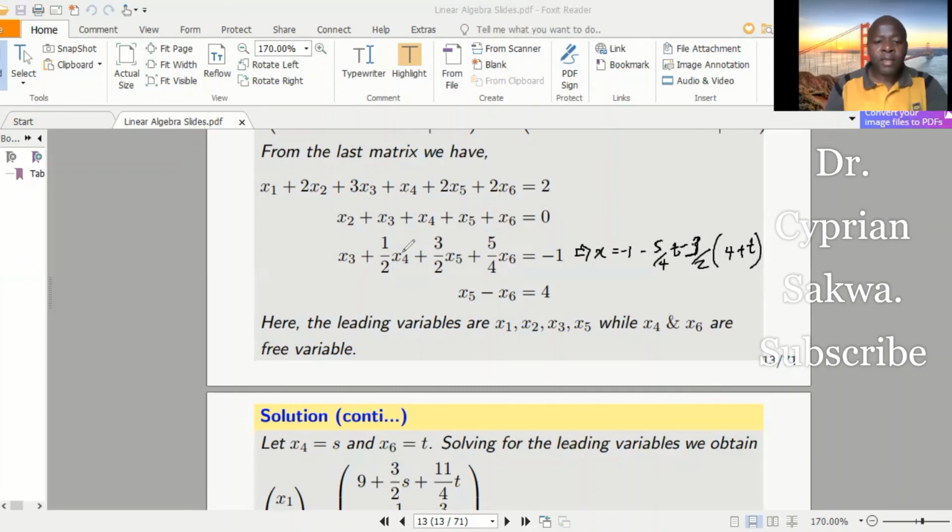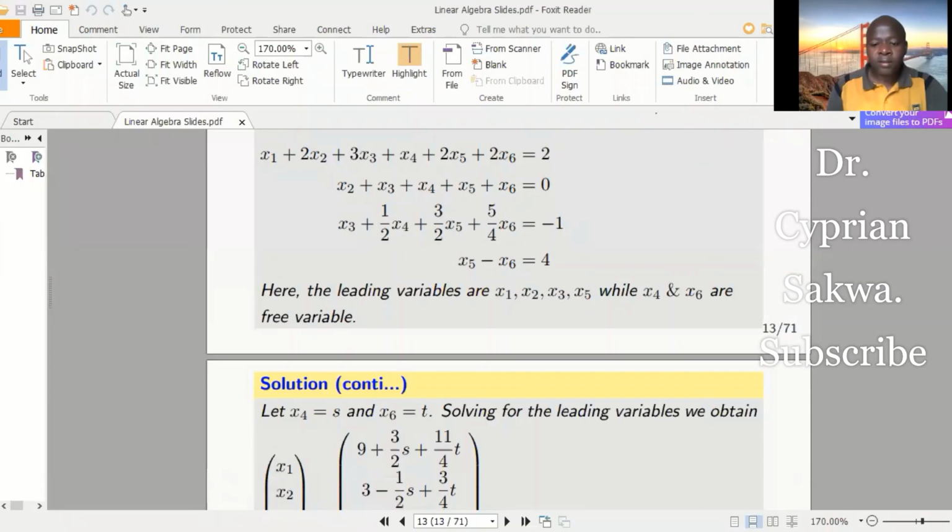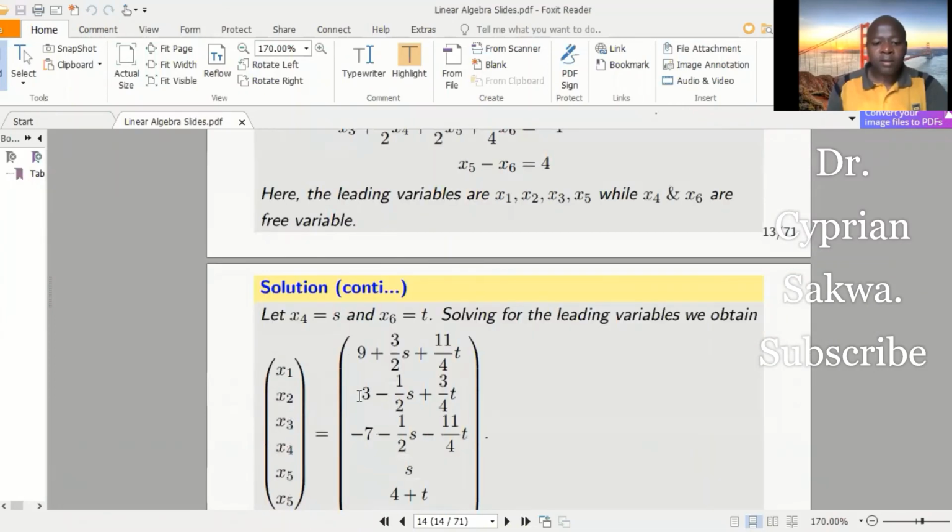And then minus a half of x4. x4 is s. Doing that, I found that x3 was -7 minus half s minus 11 over 4 t.